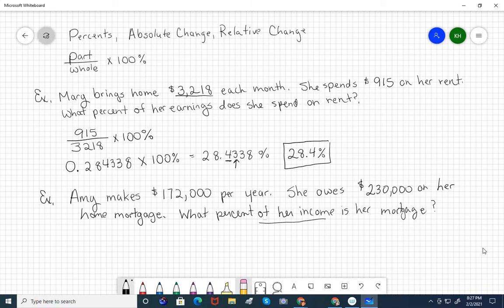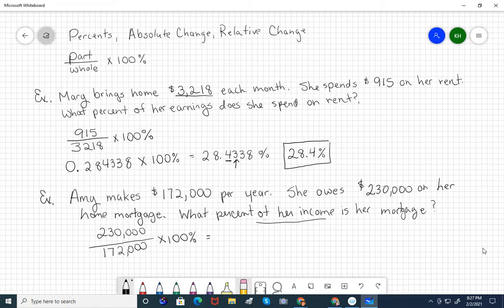The base is her income. We want to find a percent of her income. So 230,000 divided by 172,000 times 100%. This is going to be more than 100% of her income.